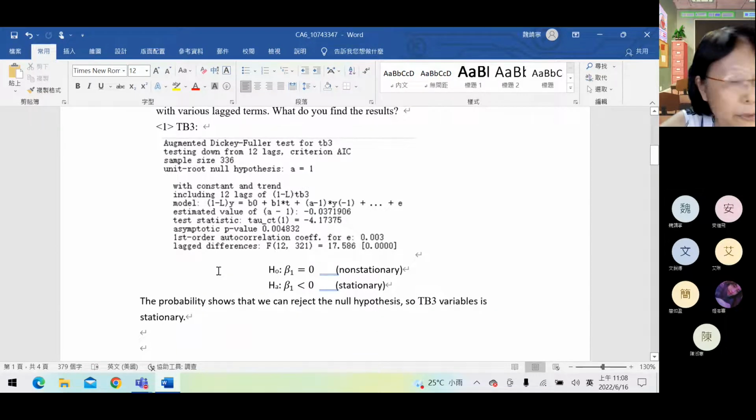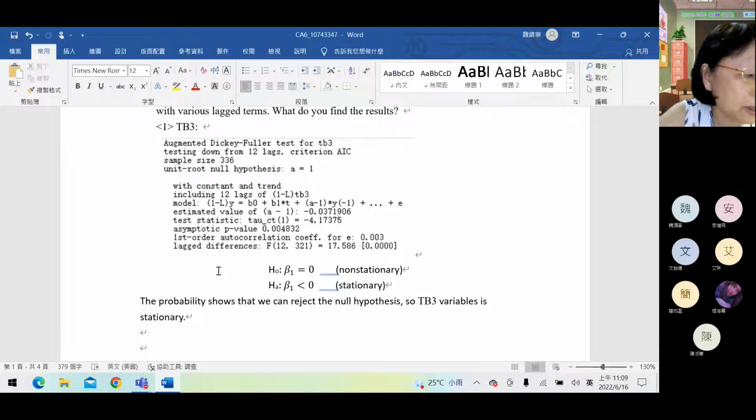And for TB6, at lags 0 and 6, they are non-stationary. The rest of them, I'm just trying up to 12 lags, are all significant at 1%, 5%, and 10%. So what I'm asking in this question is for all of you to try different lags to see the result. That's my point.